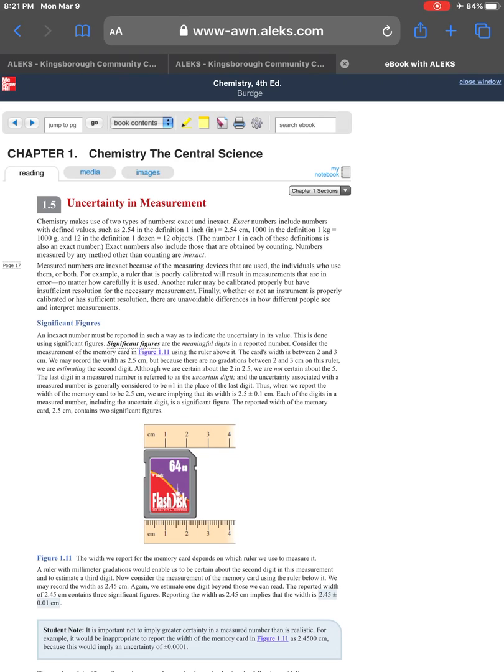These are what we would call exact numbers, meaning they're defined in a specific way. We are, by agreement, claiming that 12 is a dozen, not 12.5, not 13, not 11, but exactly 12. That's called an exact number. The same is true for an inch. An inch is defined as 2.54 centimeters. So those are called exact numbers.